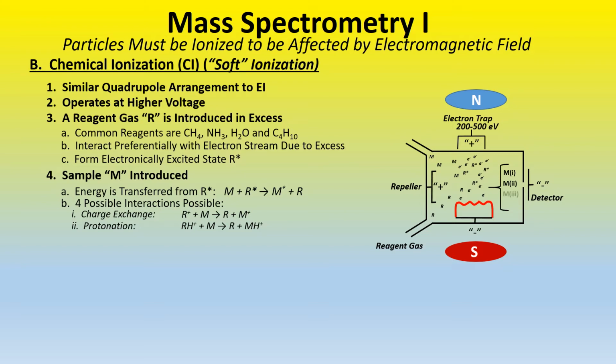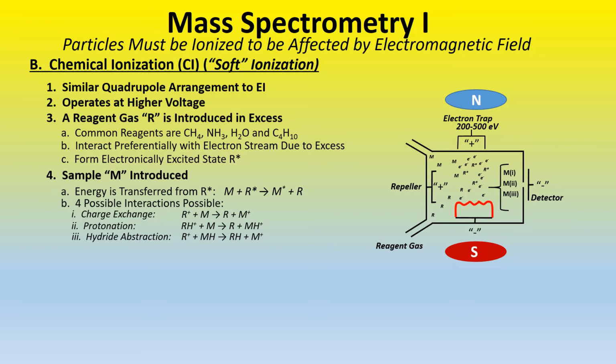Thirdly, you can have hydride extraction. In this case, your activated reagent is brought back to the ground state from R+ by stripping an H- or a hydride ion away from your sample. And you now have a sample that has a positive charge and is missing one proton.